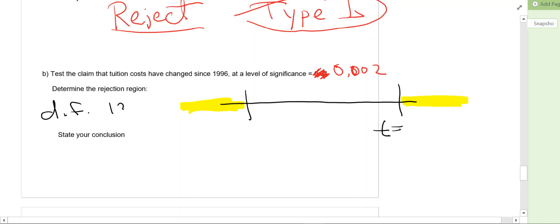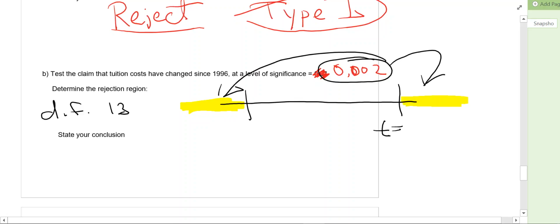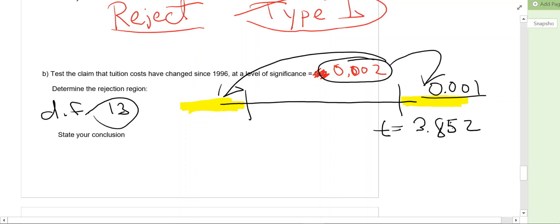Which is 13. When you look up your t-score, remember that the 0.02 is being split up into two particular regions, so we're really looking up the value 0.001, correct? The t-value associated with 0.001 and degrees of freedom 13, I came up with 3.852.